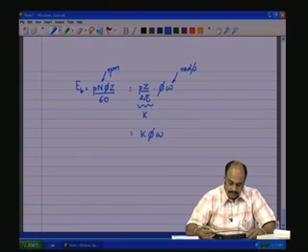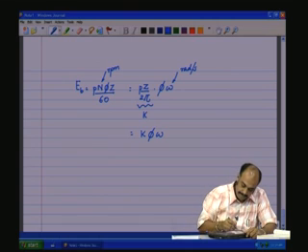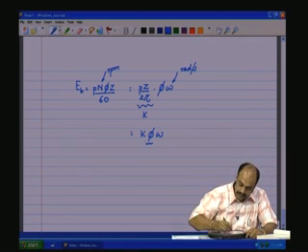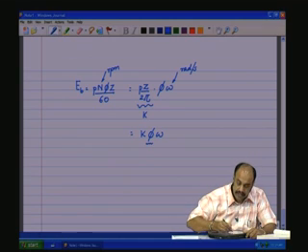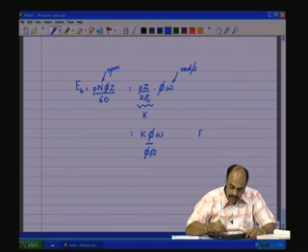Now, let us say in the case of the shunt motor, this is given by the applied voltage, which is connected across the terminals, and therefore phi is not 0, and Eb is proportional to omega.